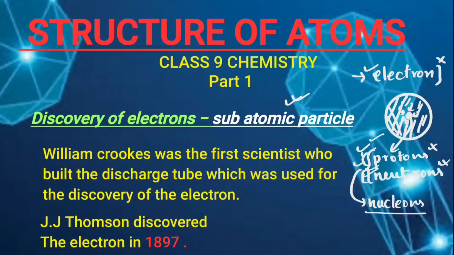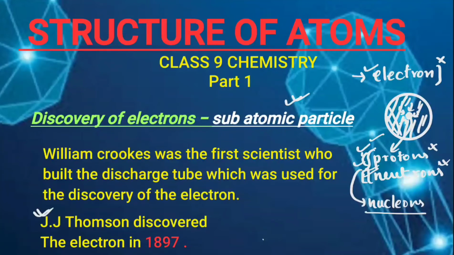So first, if you see the discovery of electrons, that recognition should be given to J.J. Thomson, and he discovered the particle in 1897. J.J. Thomson was the scientist who discovered the electron first, and he should be given that proper recognition.